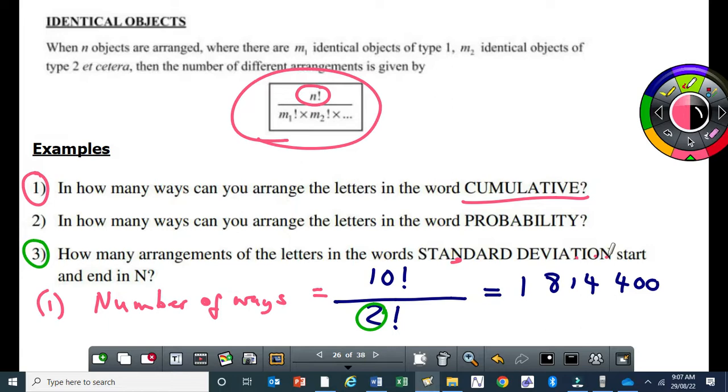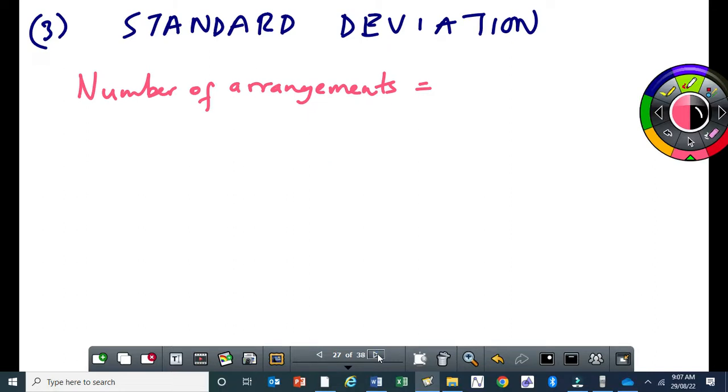So we will end up having 1 times 15 factorial times 1. Then we need to divide by the identical letters. These 1 times 1 are the two ends, and they are useless now because they are fixed, so we're not going to worry about them.